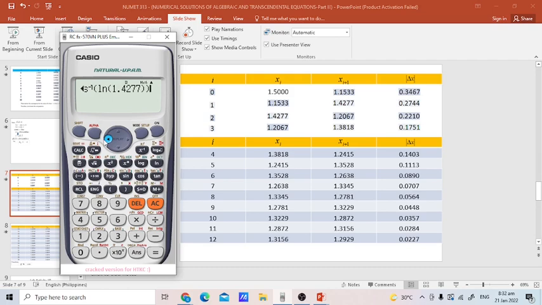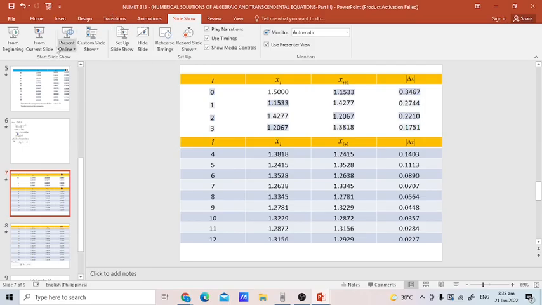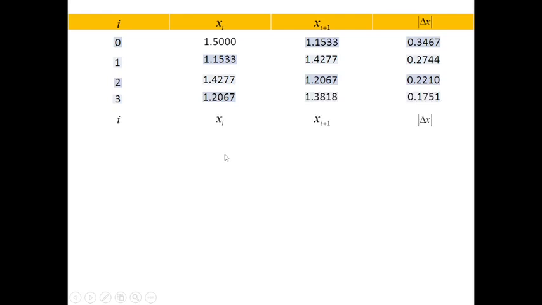And then, 1.3818. Okay? And the pattern continues. No? So, ano napapansin nyo? Nagko-converge. Lumalapit yung agwat nung dalawa, x sub I tsaka x sub I plus 1.